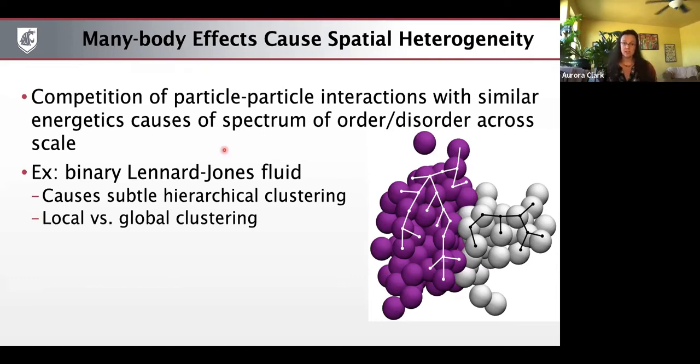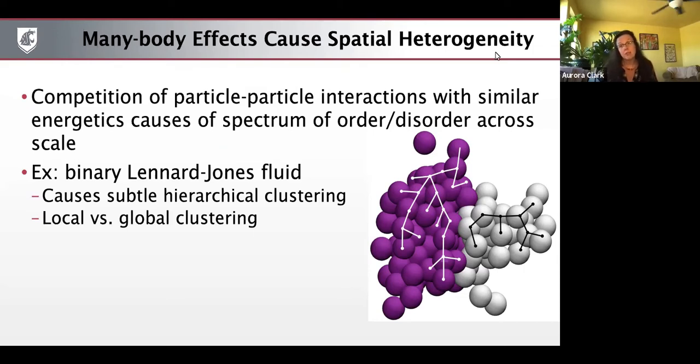And this causes what we call heterogeneity in this fluid. So instead of all the particles being homogeneously and randomly distributed throughout the system, we have small bits of aggregation that can occur of these smaller particles relative to the bigger particles. And this aggregation occurs across scale.